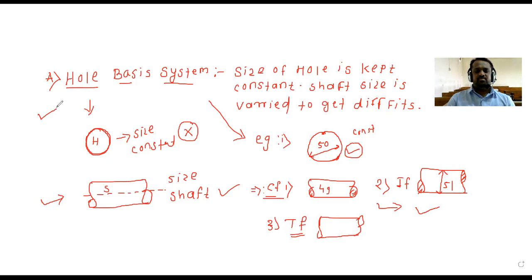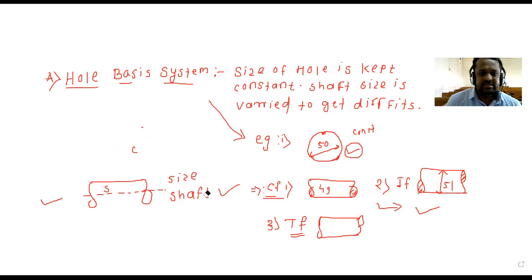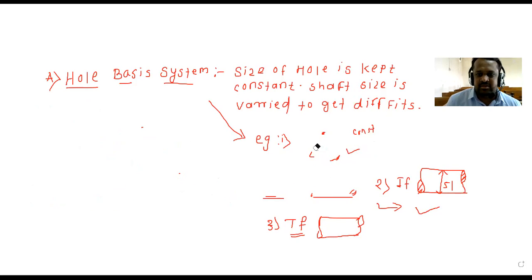Understood? Yes, sir. Okay. Then the important point, again a very important point: this is the very primary information, the introduction. One more point you have to remember in this hole basis system.